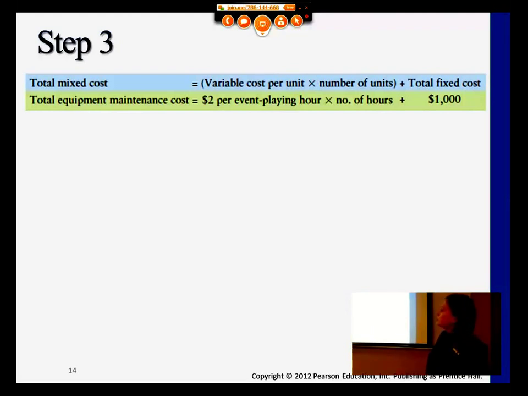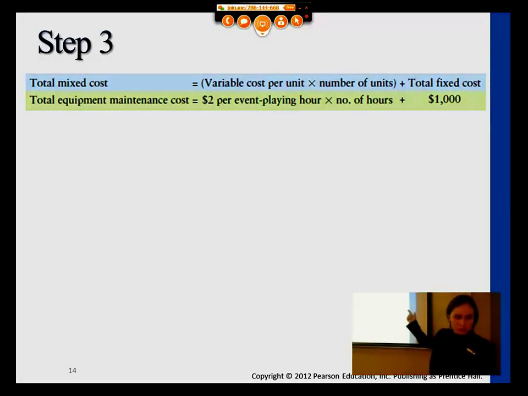All right, let's calculate. Actually, let's first figure out how do we calculate the mix of this mixed costs. So what do we have? We have total mixed cost, and we have total equipment maintenance cost.